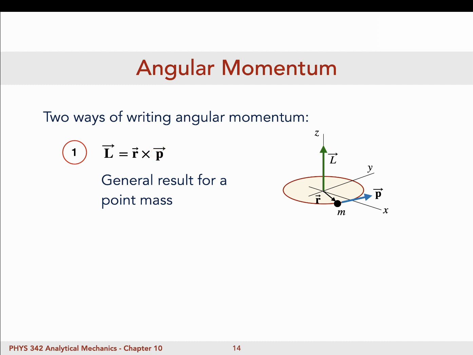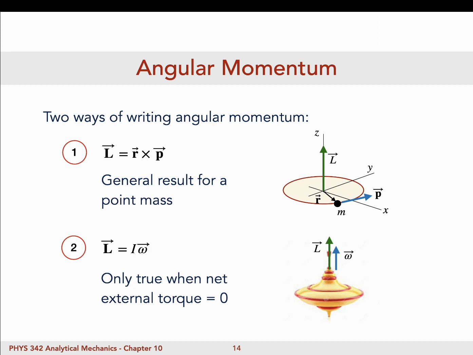So if you had a mass m going in a circular path, instantaneously the position vector is coming radially outward. The momentum vector is tangent here. So when you do the right-hand rule, r cross p, you get an angular momentum vector pointing straight up out of the plane.